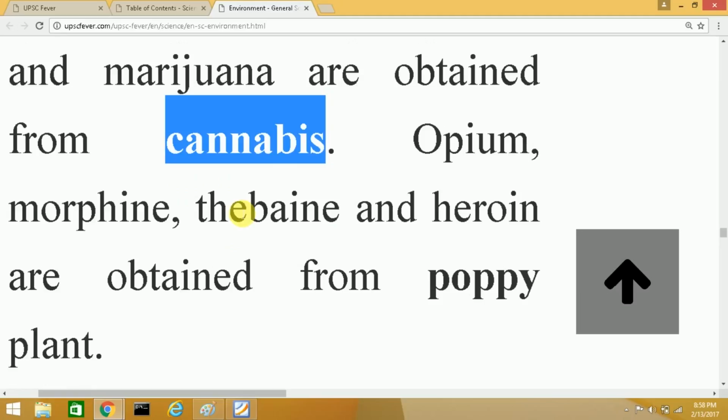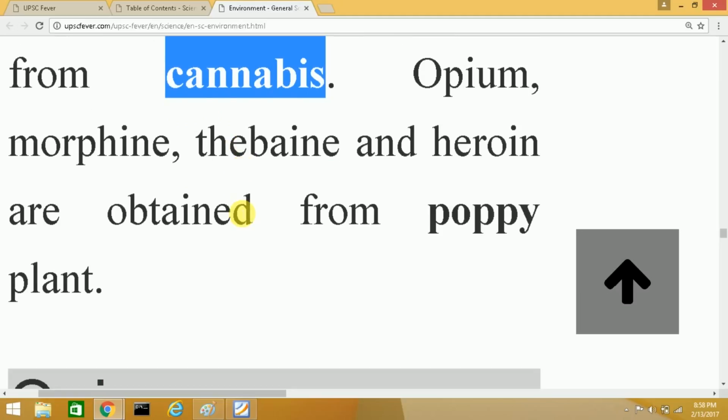Opium is obtained from poppy plant. So this is another drug, morphine, codeine, and heroin. So heroin and opium, these are pain reducers, and usually they are administered to patients having cancer in the last stages so that the pain can be reduced.